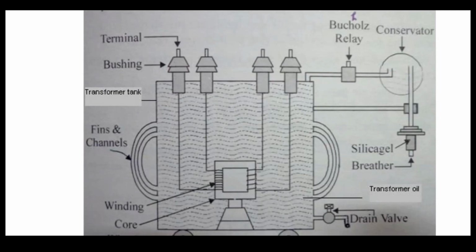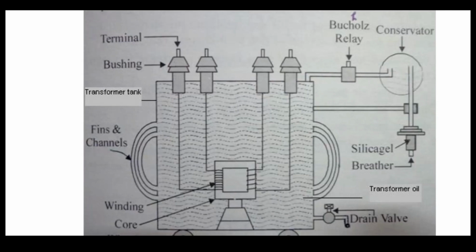But if a lesser amount of bubbles are produced, then we can say that a low fault is there. Okay, this is the way of detecting the magnitude of the fault. How does this Buchholz relay identify the type of fault?